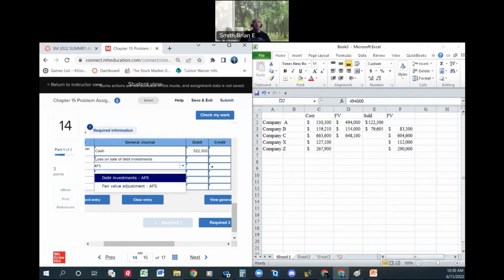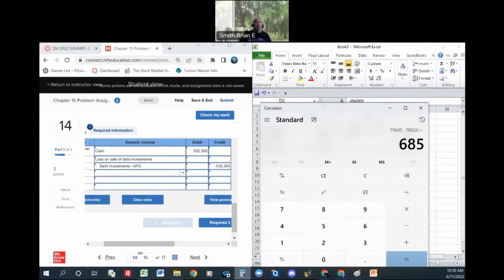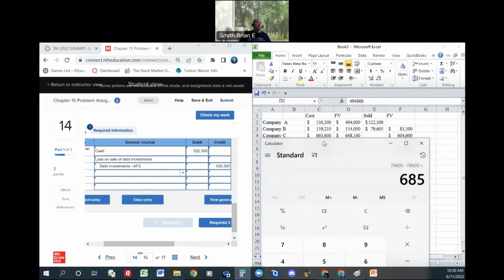Okay, and it's going to be a credit for the 530,300. So our loss, and I may have categorized that wrong, we'll find out. We're going to do that at 522,300 minus 530,300 is $8,000. So that's initially what we're going to look at here.